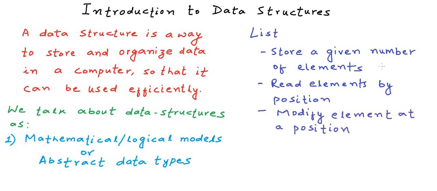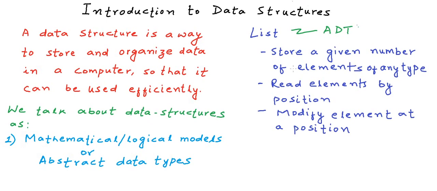So we are just defining a model. Now we can implement this in a programming language in a number of ways. So this is a definition of an abstract data type. We also call abstract data type as ADT.